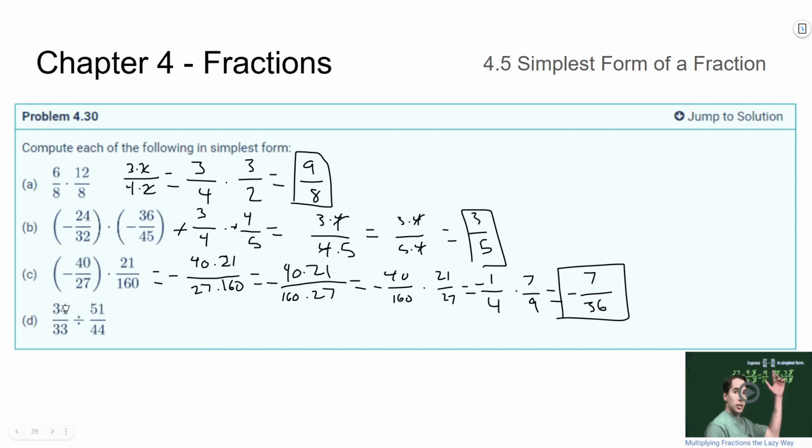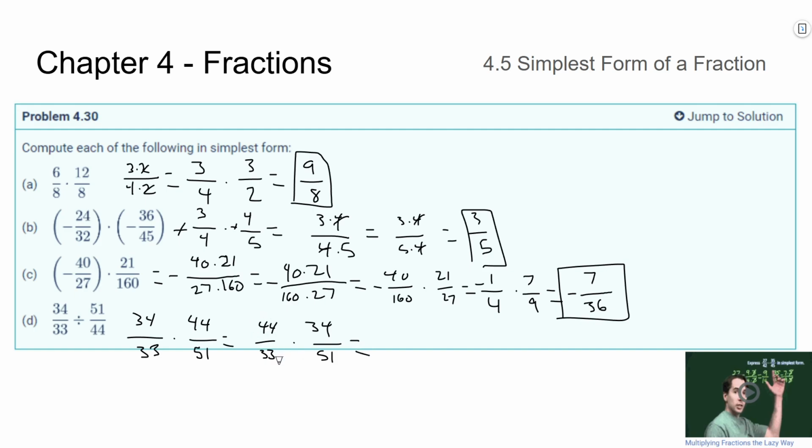All right. So 34 over 33. How do you divide fractions? We multiply by the reciprocal. What's the reciprocal of 51 over 44? That's 44 over 51. Okay, well, I see that might be easier to work with. Let's go ahead and skip a step here. Let's do 44 over 33 times 34 over 51.